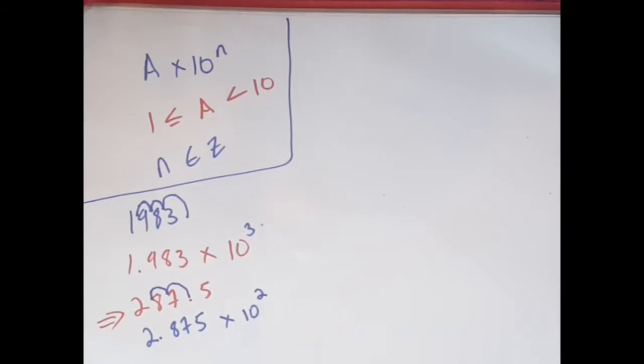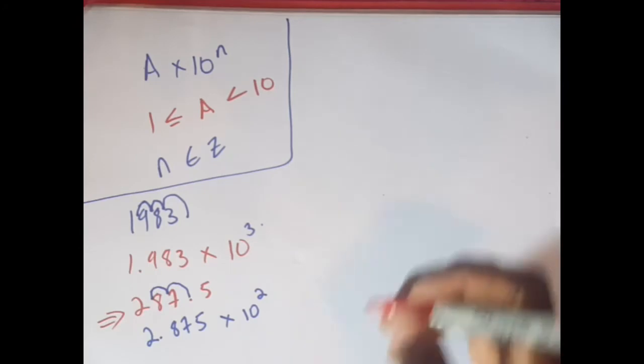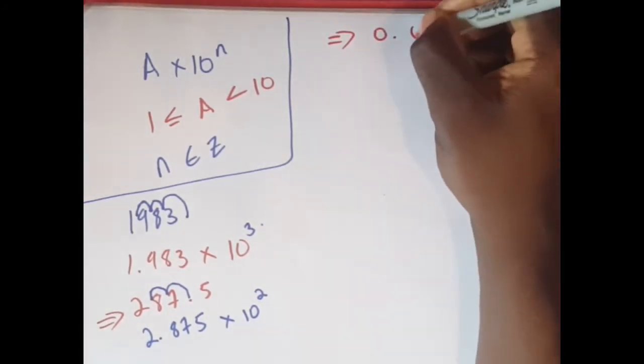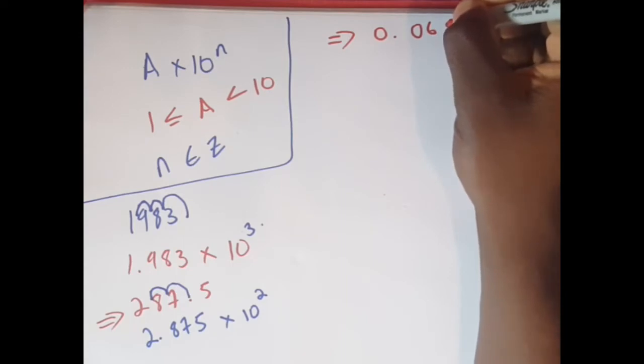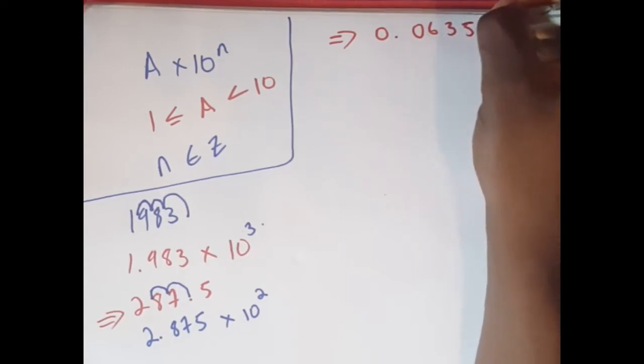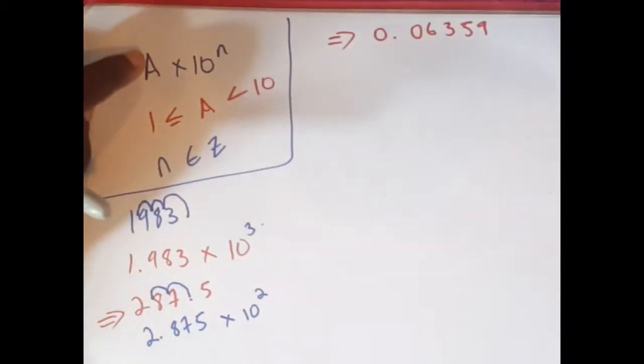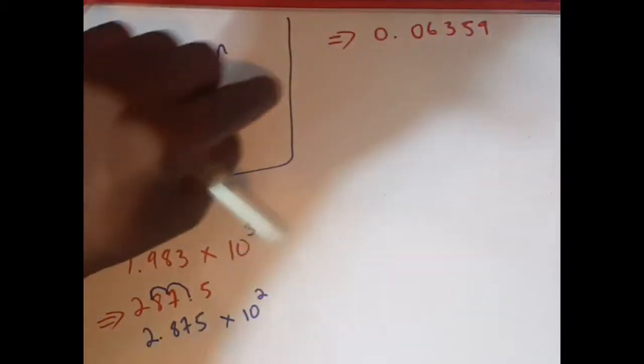Let's try some smaller numbers now to show you negative powers. Say I have 0.06359 and I'm told to write this in standard form. What I would do is get the a from this, which would be a number between 1 and 10.